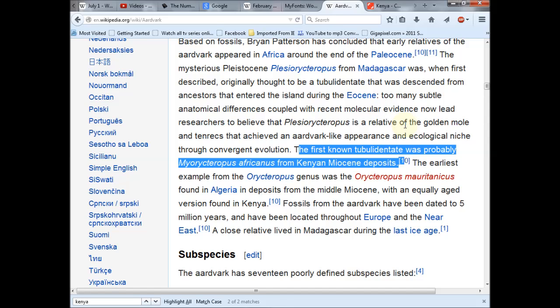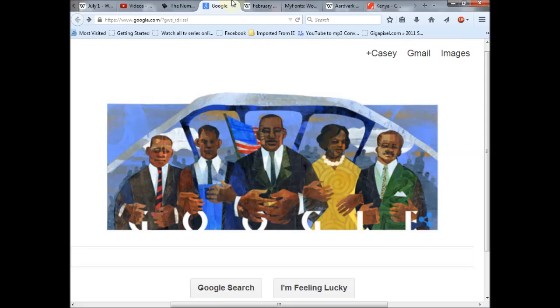Because we've linked the fact that Obama was 6.66 years old at the time that Martin Luther King was assassinated. They have an aardvark typeface commemorating Martin Luther King.